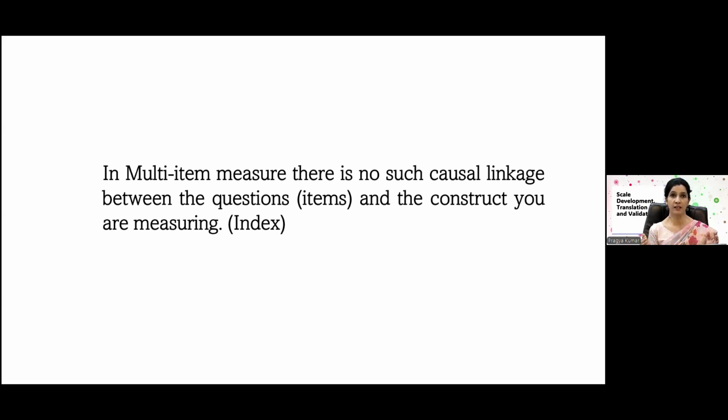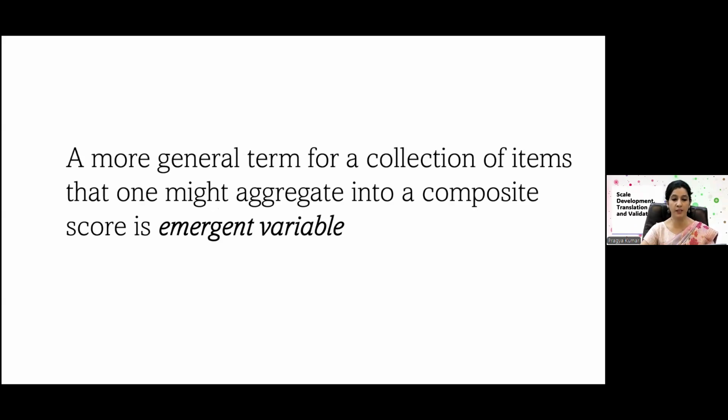That's why these are called an index. We call them an index, and this is known as the emergent variable. So a more general term for the collection of items, that is just the aggregation into a composite score, is an emergent variable. Have you understood this emergent variable or multi-item measure?